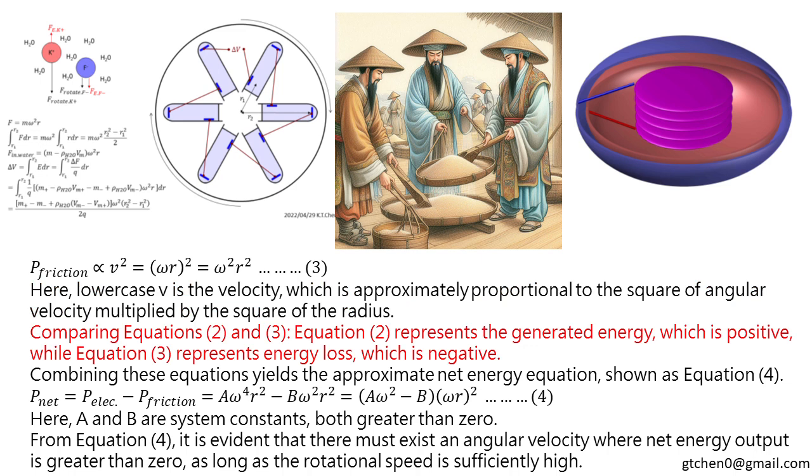Comparing equations 2 and 3, equation 2 represents the generated energy, which is positive, while equation 3 represents energy loss, which is negative.